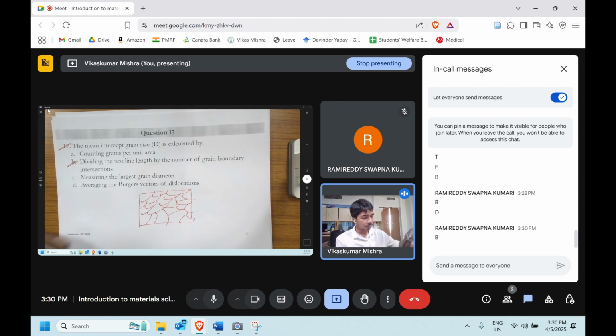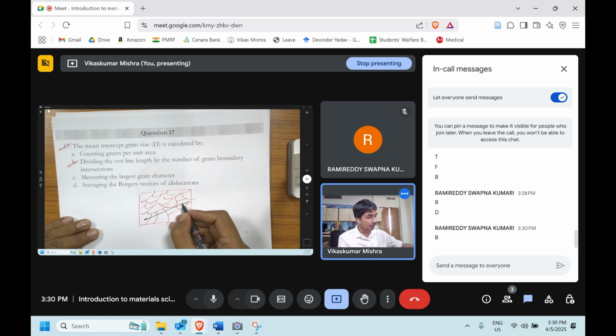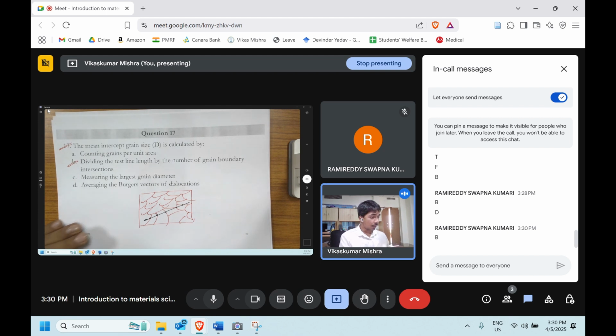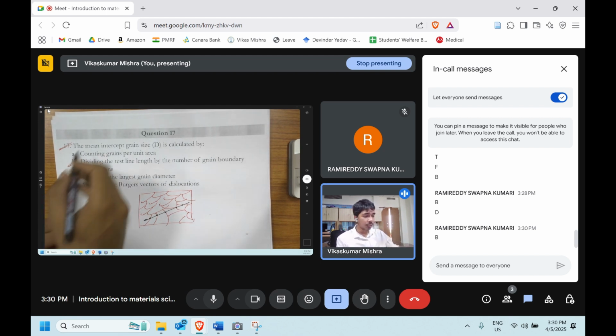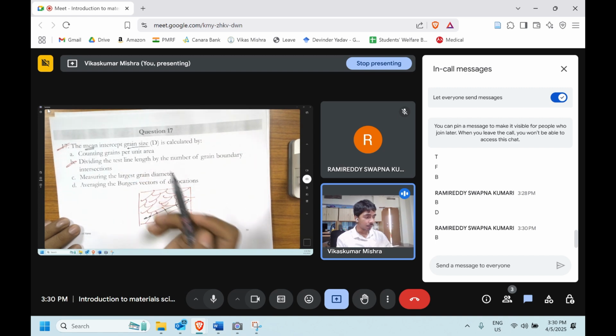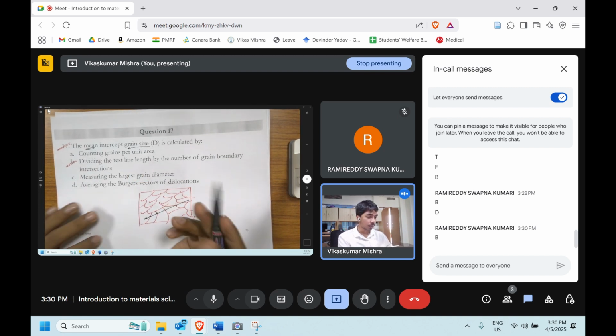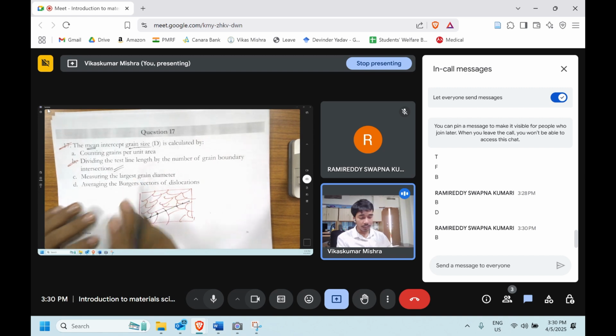We will draw one line and see how many times it's intersecting the grain boundaries. Based on that, we'll find the grain size of the material. We'll do the same thing multiple times and take the mean of that. In that way we'll get the grain size of a particular microstructure. So option B is the right answer.